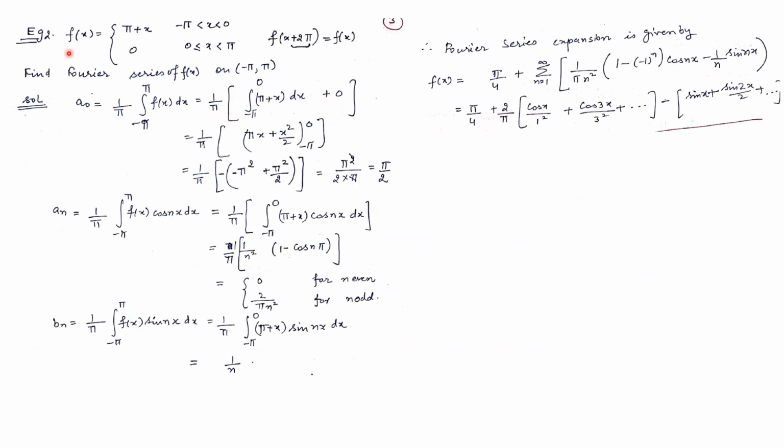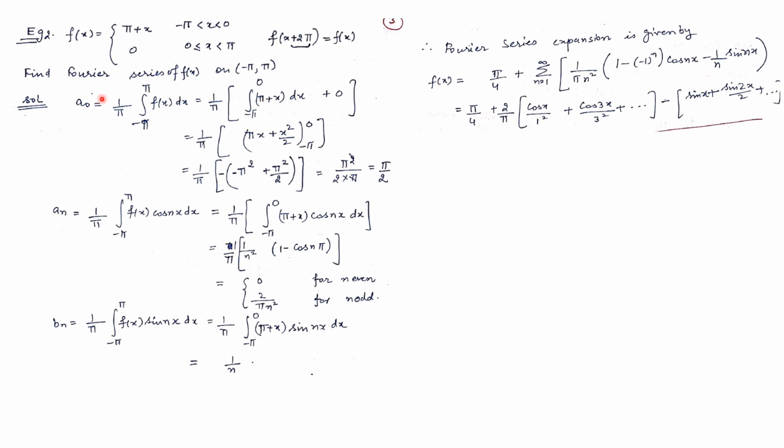One more example. Let f(x) be pi plus x from minus pi to 0, and from 0 to pi its value is 0. Given that this function is periodic with period 2 pi, we have to obtain the Fourier series of this function on the interval minus pi to pi. So we have to find out the values of a0, an's, and bn's.